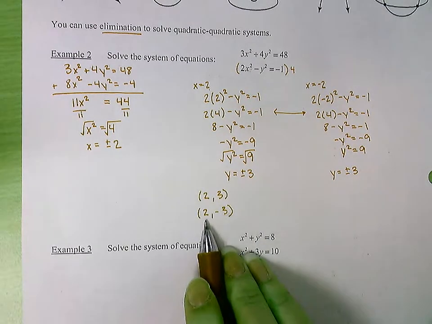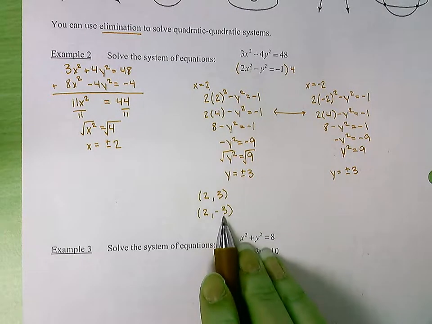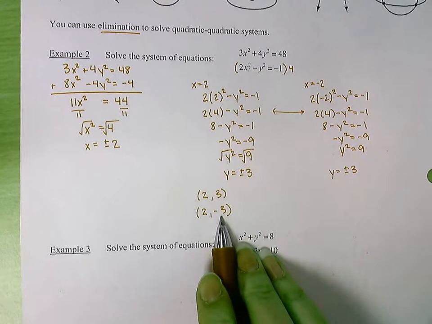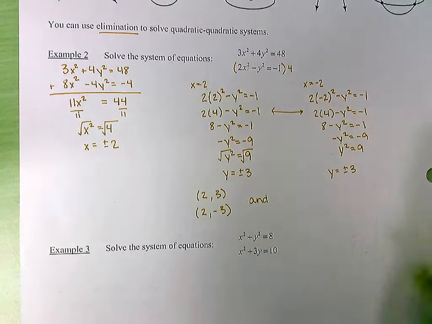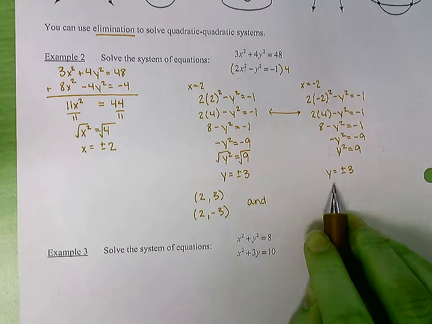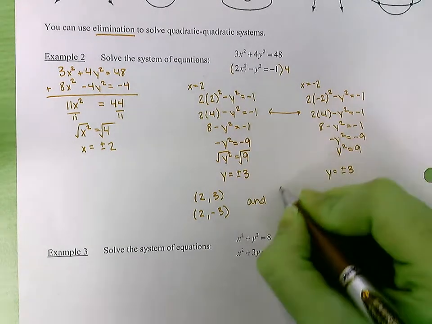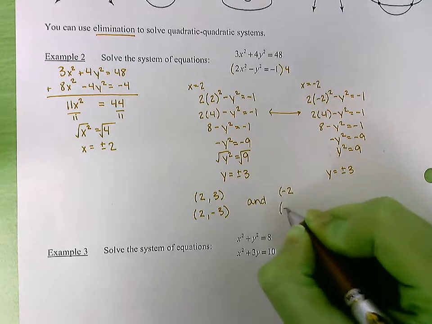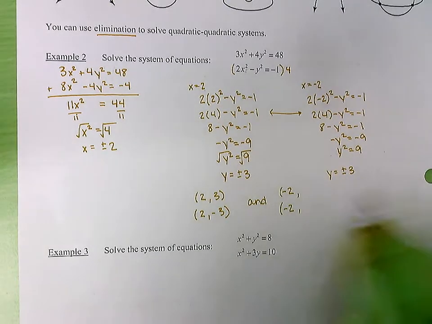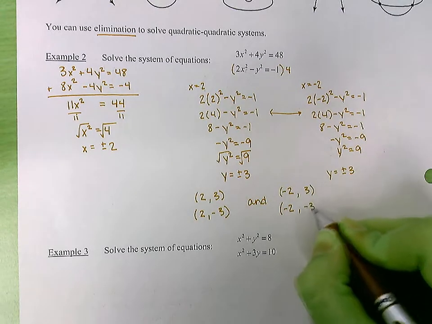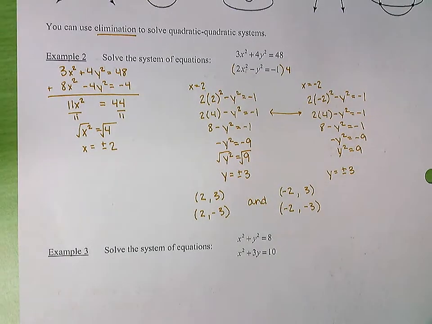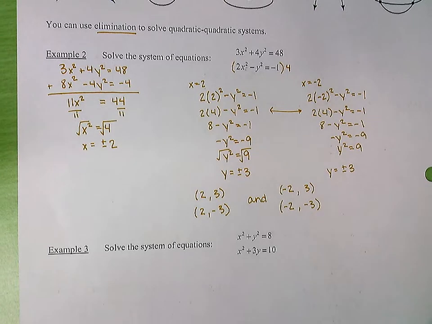So when I plugged in 2, I got 3 and -3, so those are 2 different points. And then over on this side, when I plugged in -2 for x, again I got 2 different points. I got a +3 and a -3. So this one has 4 solutions.